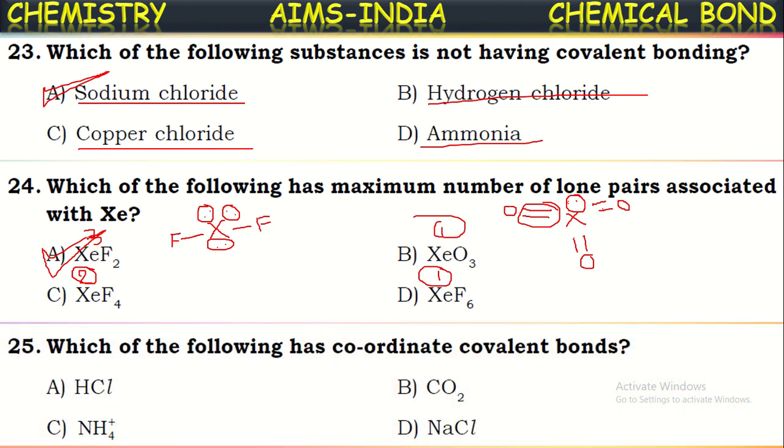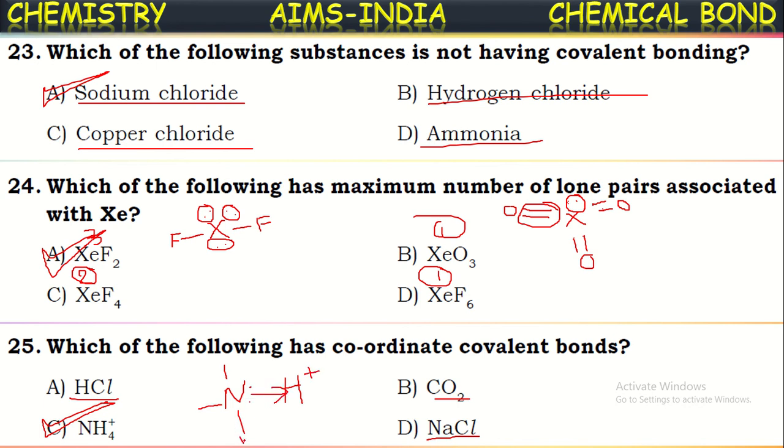Okay, next one. Which of the following has coordinate covalent bond? So which molecules have a coordinate covalent bond? You see, HCl has only one covalent bond. Carbon dioxide has two double bonds between the carbon and oxygen atoms. Sodium chloride has ionic bonds. Ammonium ion has a coordinate covalent bond or dative bond between the ammonia molecule and H plus ion.